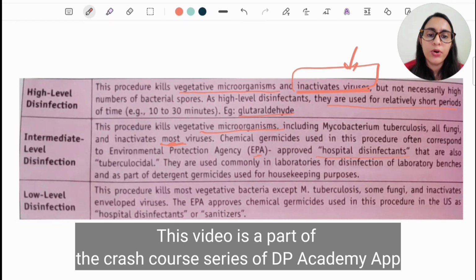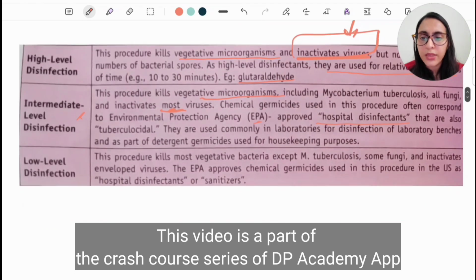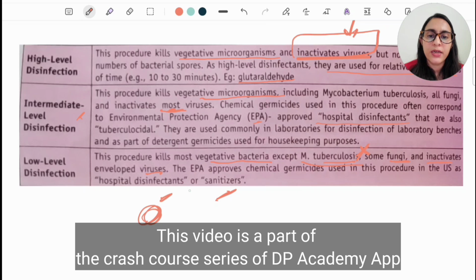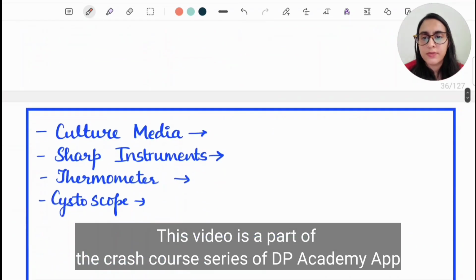So TB, very importantly, is also killed with this intermediate level disinfection. Then low level, the procedure kills most vegetative bacteria except tuberculosis. Here in low level, tuberculosis is not killed, some fungi, and it inactivates the enveloped viruses. So they are the hospital disinfectants or sanitizers.